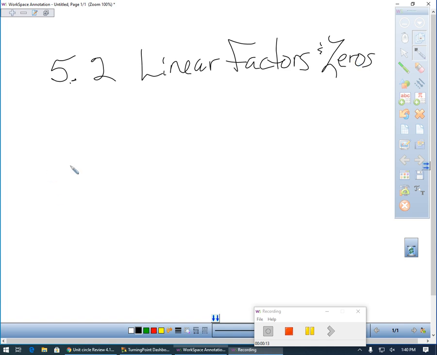So I'm going to start right off the bat here. We're going to be doing a lot of factoring today. Okay? Not a lot of factoring, but factoring. The whole idea behind factoring is that you can find your zeros or your answers by setting each factor equal to 0. Okay? So we are doing the zero product property.